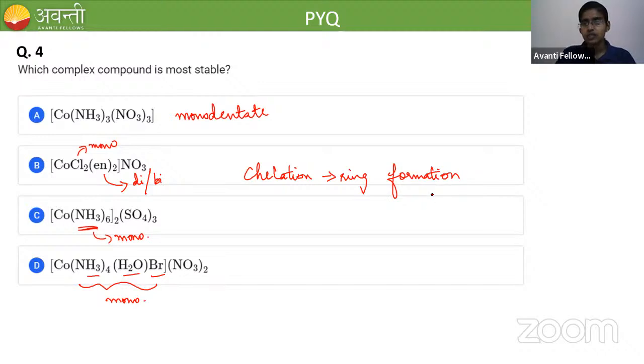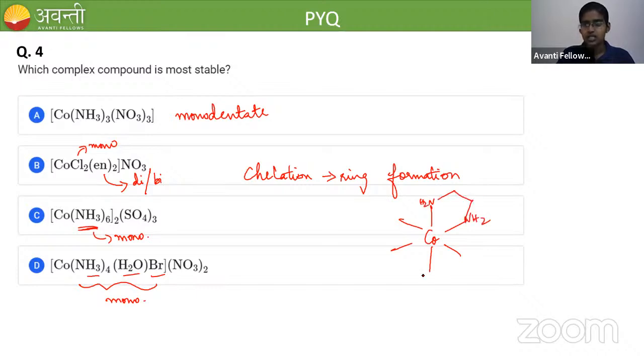If a ring is formed between the metal atom and the ligand, for example in option B, the cobalt is attached. It is an octahedral complex. You can see the coordination number is 4 since ethylene diamine is the bidentate ligand. So let me draw the cis isomer. Ethylene diamine is NH2, CH2, CH2, and NH2.